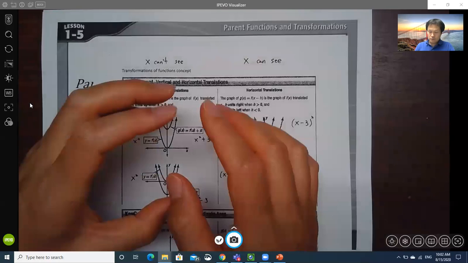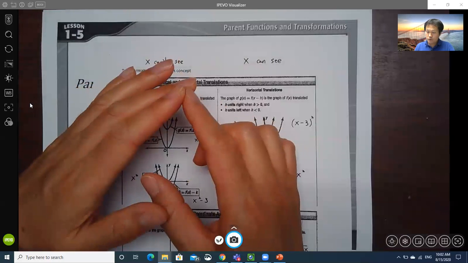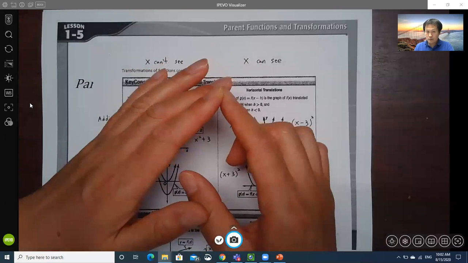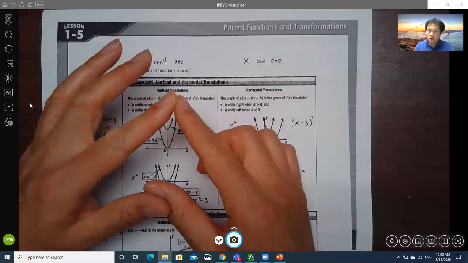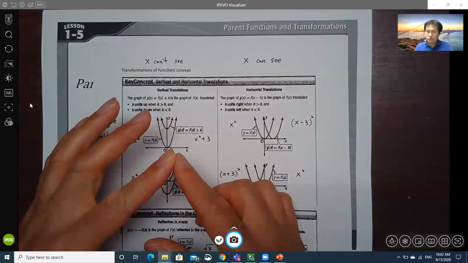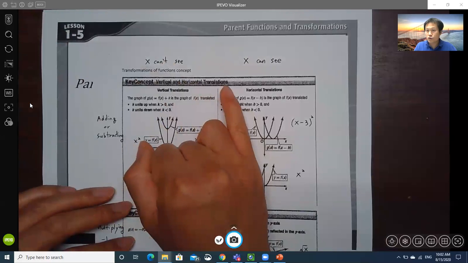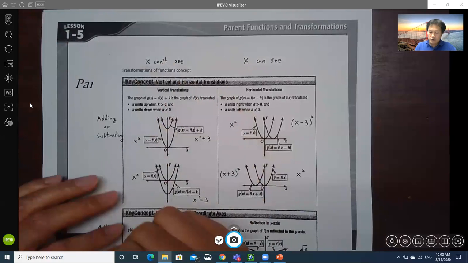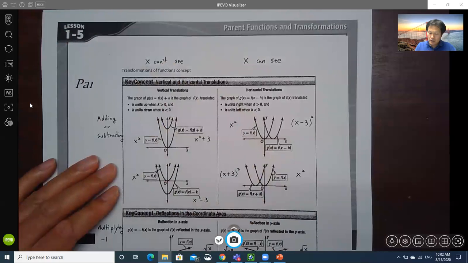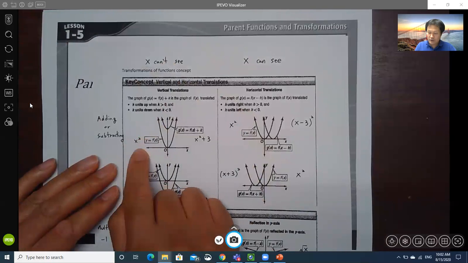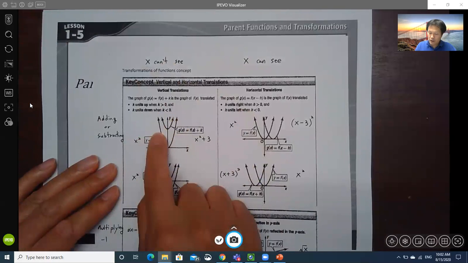Shifting: the shape doesn't change. You move it either to the right, left, up, or down. We call that a translation or shifting. The x squared graph looks like a parabola like that.